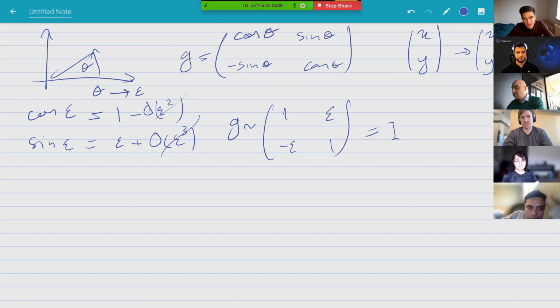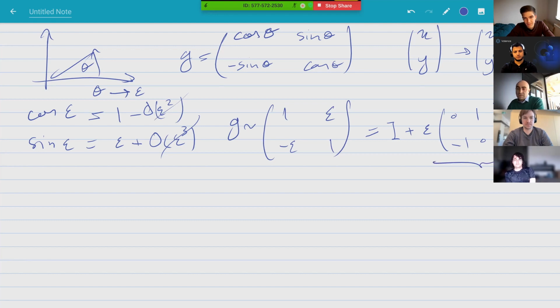I'm doing the Taylor expansion, keeping only up to first order in epsilon. So then you can write this as 1 plus epsilon times this matrix: 0, 1, minus 1, 0.